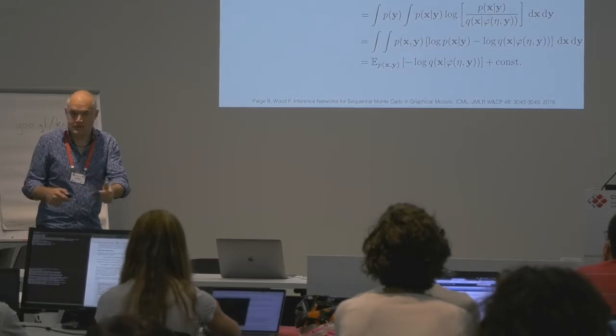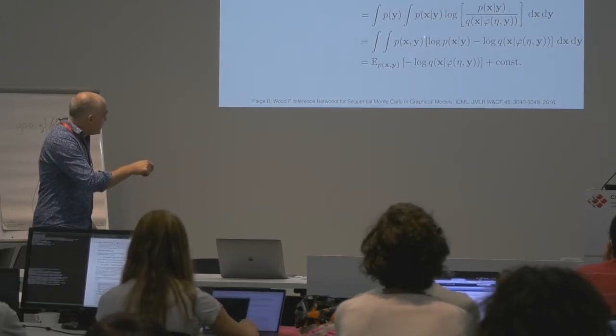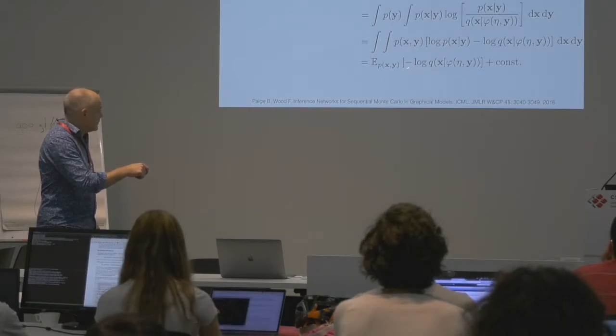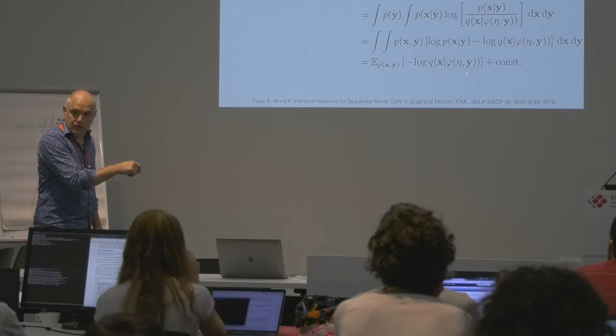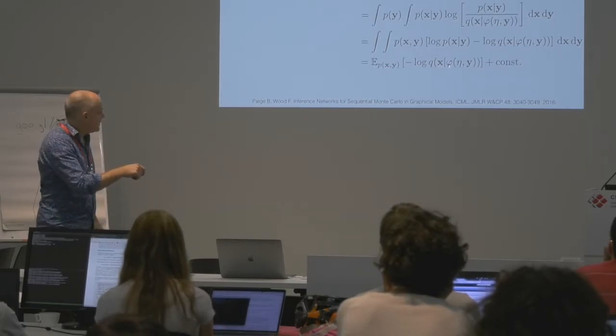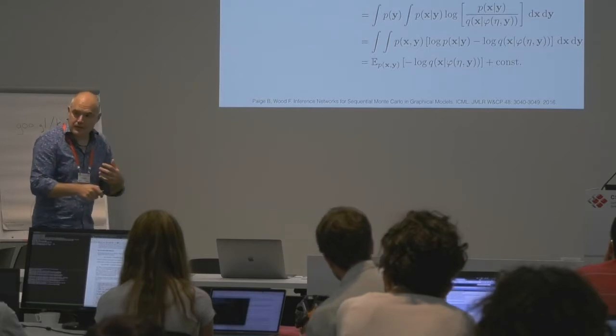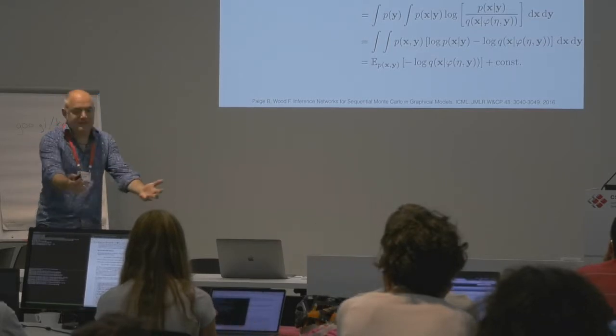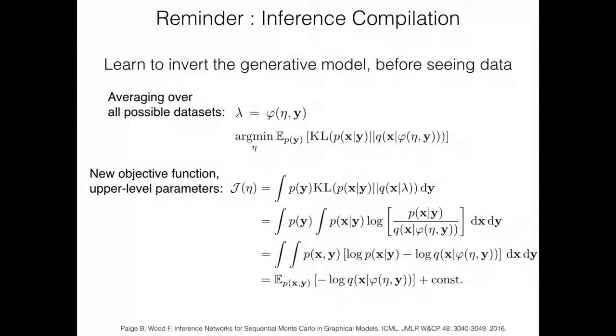Okay, great. We can get samples from the joint distribution and average over the log proposal of the latent generated from the joint, given the parameters output by the neural net starting with the observed value, also sampled from the joint, okay?